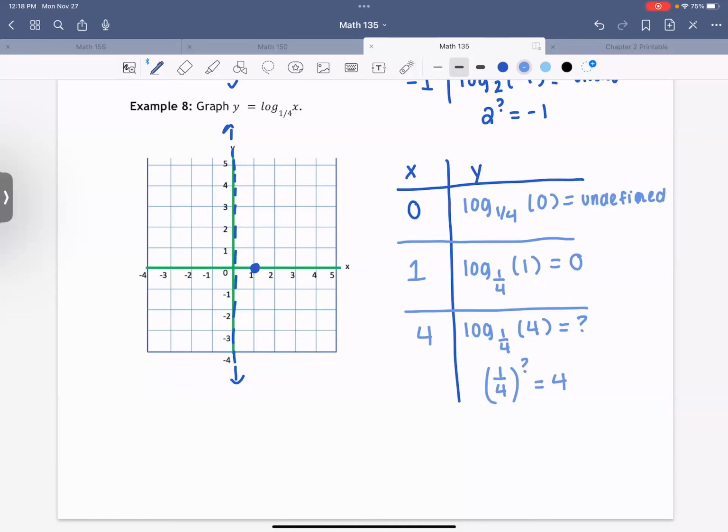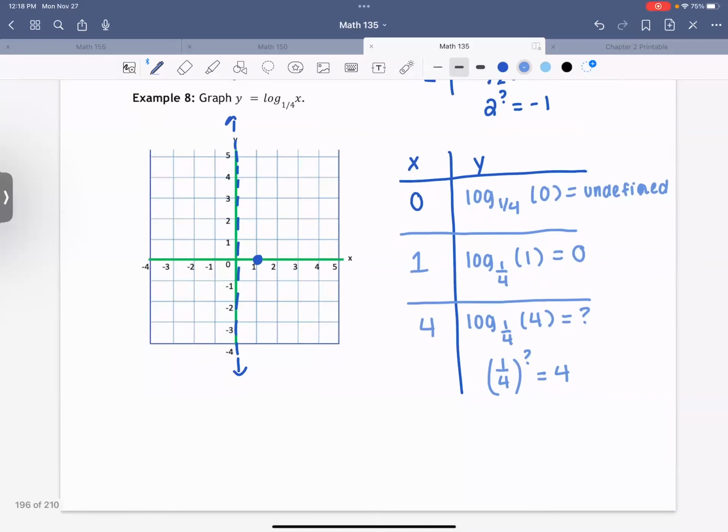Not 4. Not -2, but -1, right? When we have a negative power, we flip the fraction, and we're not squaring or anything, because it's still 4. So this is actually -1. So (4, -1) is one of my points.